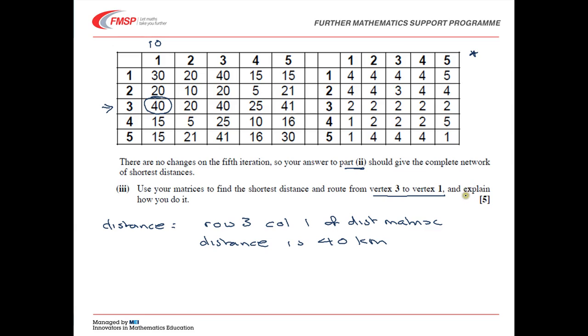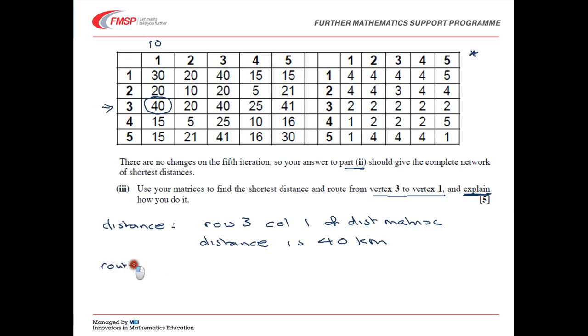And that explain is very important. So it's really important that you try to explain things, but you don't need to write loads of stuff. You're fine just to write down what I've written here, row 3, column 1 of the distance matrix, and that explains that you know what you're doing.